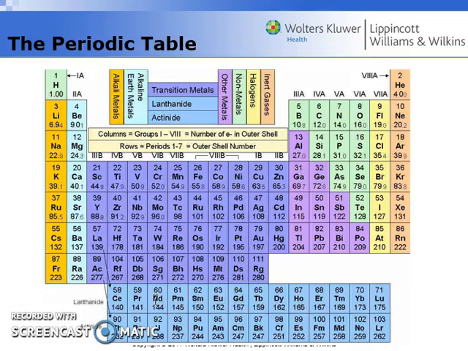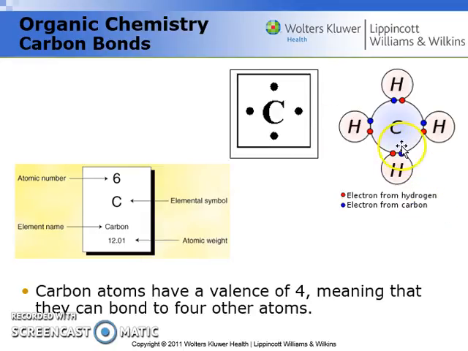A lot of times those protons and neutrons are equal. So you would have 6 protons and 6 neutrons, which would give you the atomic weight of the chemical element.